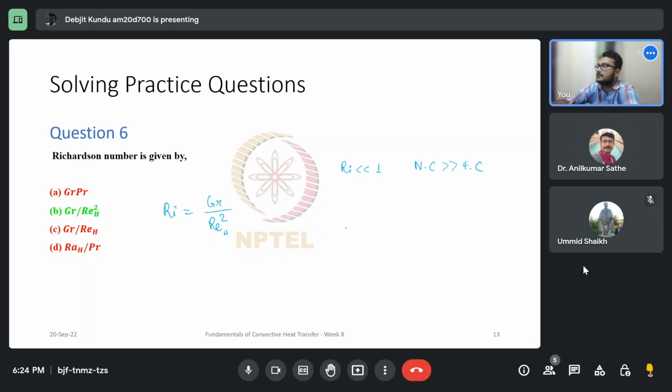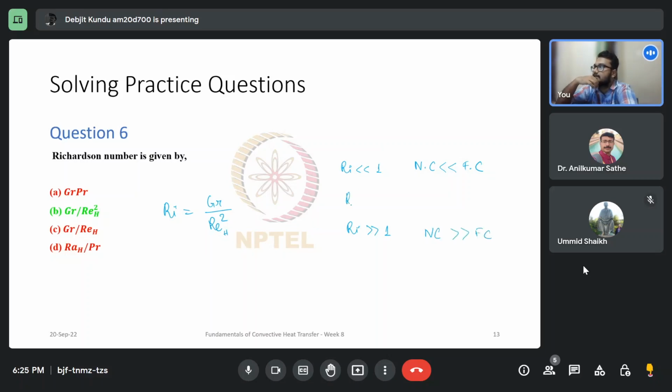When Richardson number is much greater than 1, natural convection would be more.